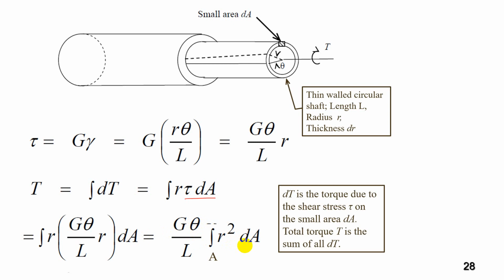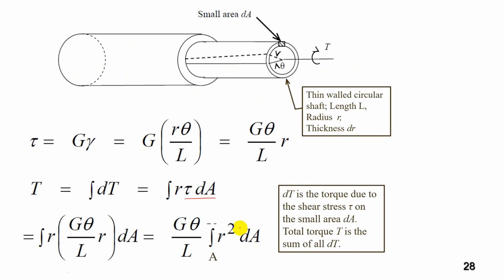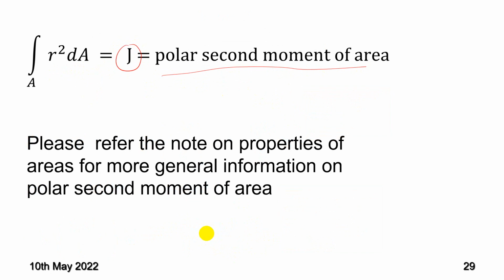You might remember this is similar to the second moment of area, but when it comes to a torque, it is called the polar second moment of area, defined by J. So now we can substitute J here, and that becomes G theta over L into J.